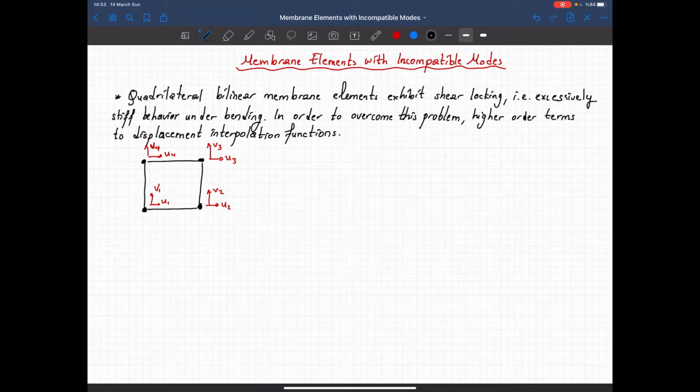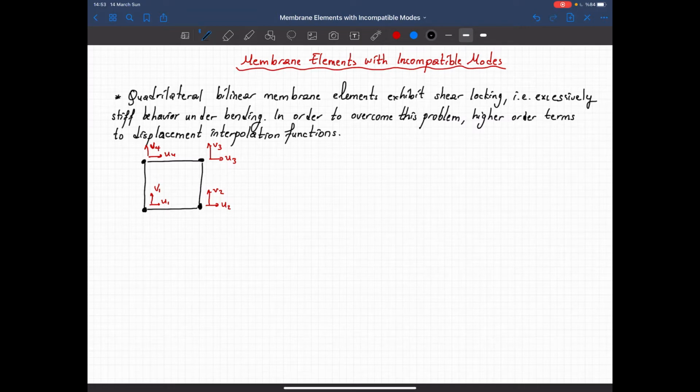I can use any polynomial interpolation within the element, provided that I satisfy, for this element, the C0 continuity requirement and the essential boundary conditions at the nodes. So these are the requirements, but within the element I can actually define any shape function that I want.